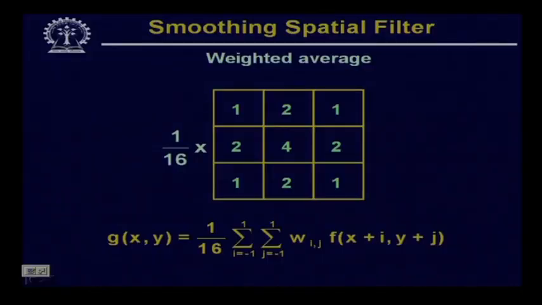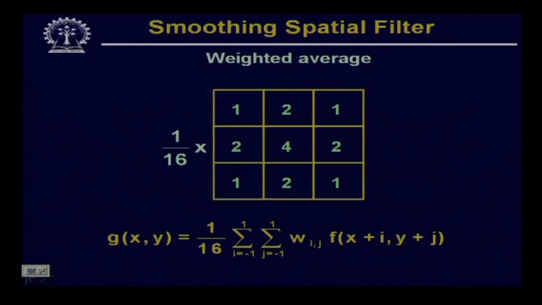When we apply this kind of mask, the general expression of the mask operation becomes the summation of w i j into f x plus i y plus j, from j equal to minus 1 to 1 and i equal to minus 1 to 1, and take 1 upon 16 of this, and that will give the value which is to be placed at location x y in the processed image g. So, this becomes the expression of g x y.